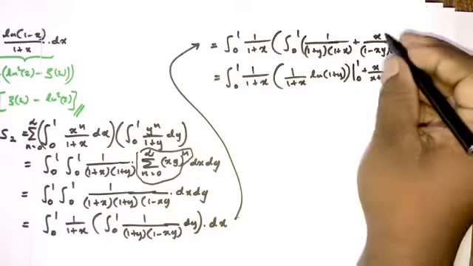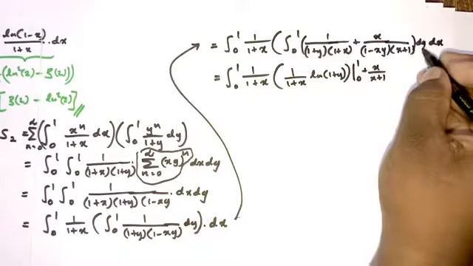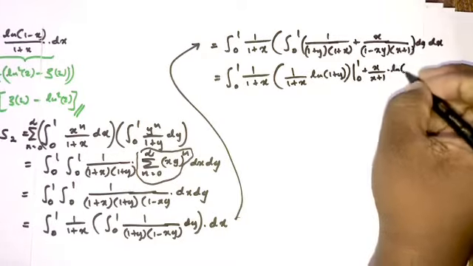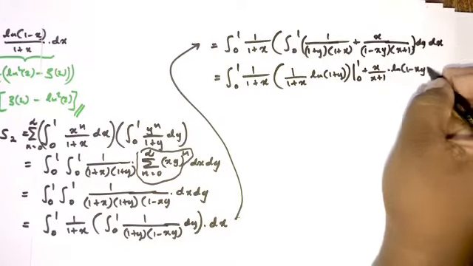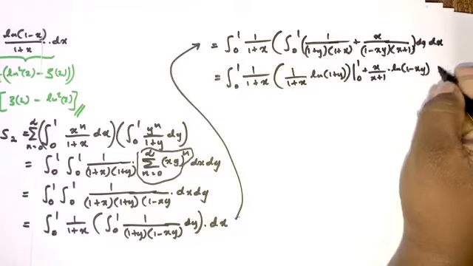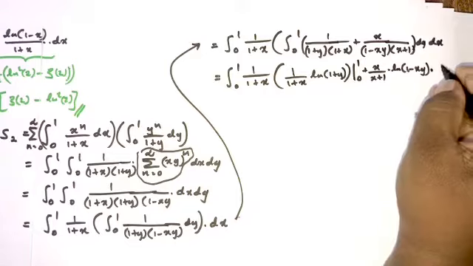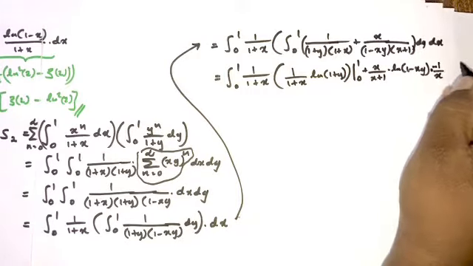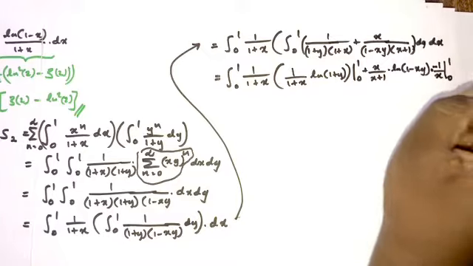If we integrate 1 over 1 minus xy with respect to y, we get natural log of 1 minus xy times the coefficient of y, so minus 1 over x, from 0 to 1.